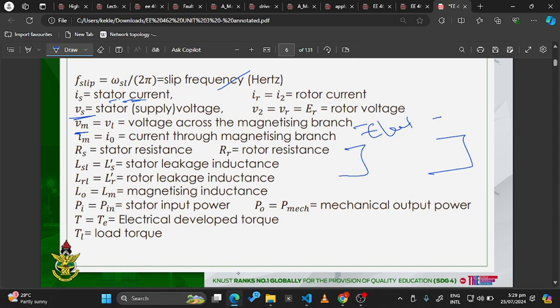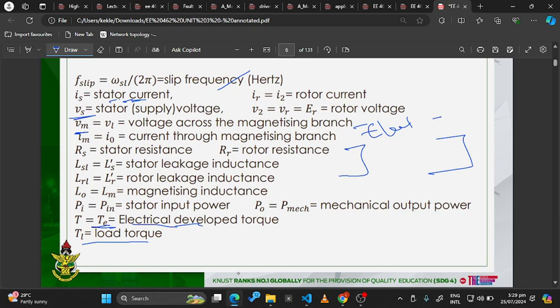If the motor is not able to generate electromagnetic torque, that means it can't run the load. It can't even start in the first place. And in order to overcome a certain load torque, the motor has to generate electromagnetic torque.